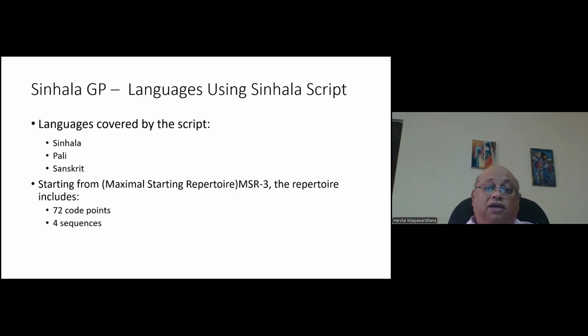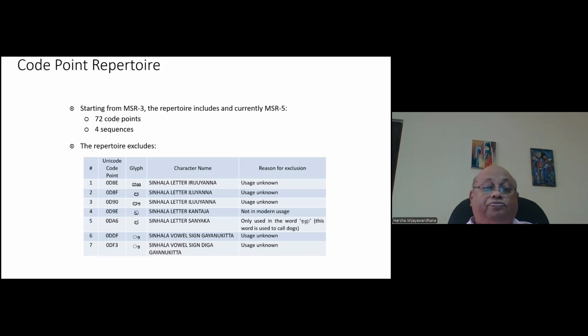So the repertoire, the MSR third, is here. I have not put it there, but it is very similar to what has been there for 4 and 5 also. 7 to code point, 4 sequences. You can see in Sinhala, there are some of the ones that we don't use. For instance, we don't use it right now. There is Iru, we are not using.